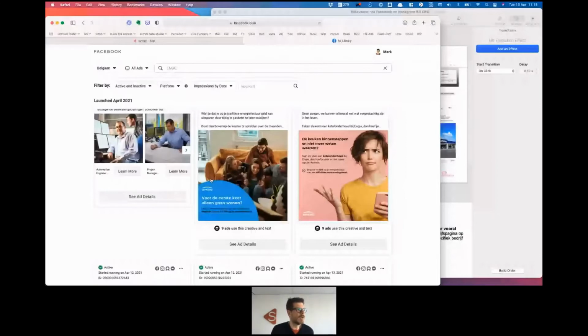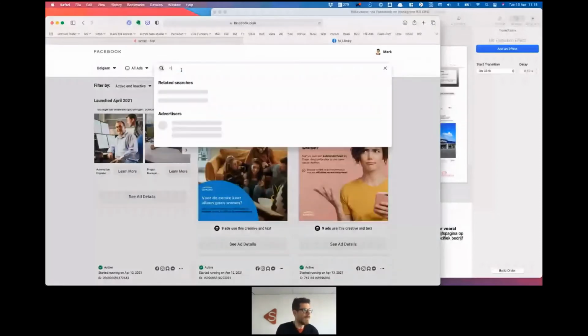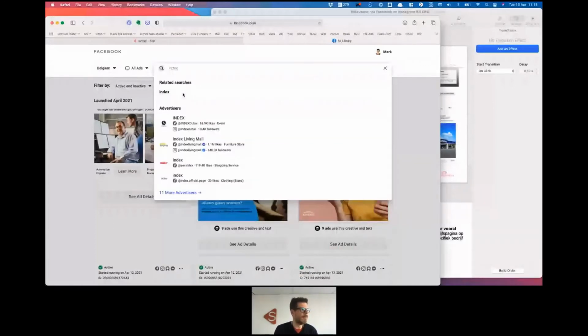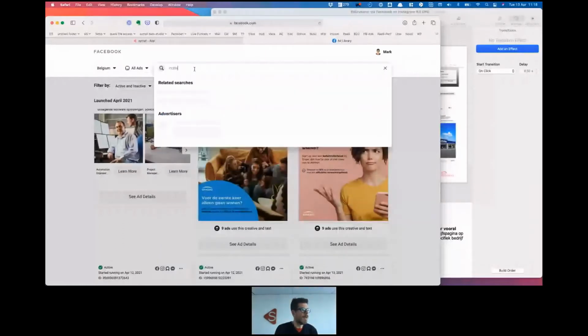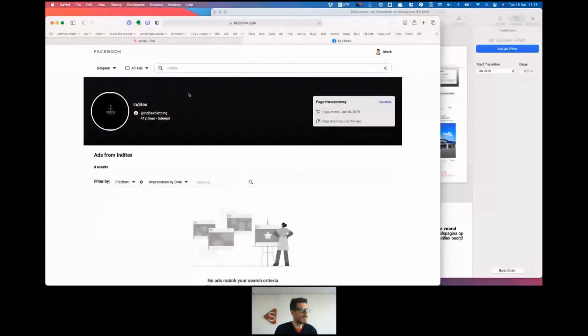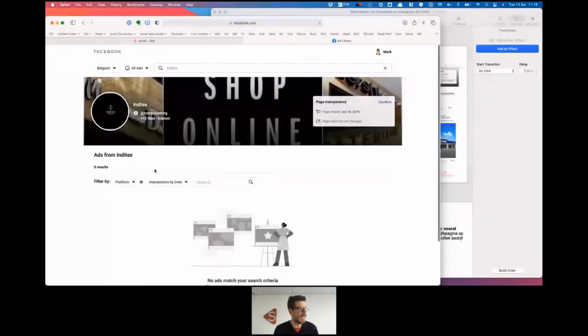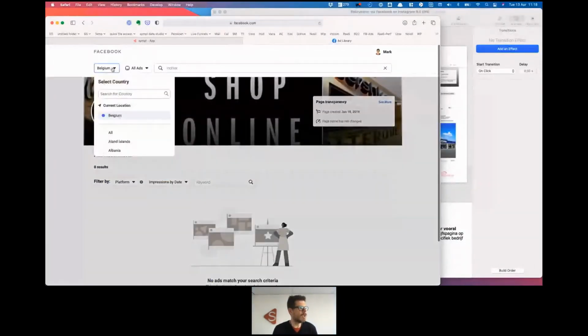That's important also to always check what is happening. There's another question coming from Inditex. Inditex Clothing is a huge company. They don't have any ads at the moment, not in Belgium.